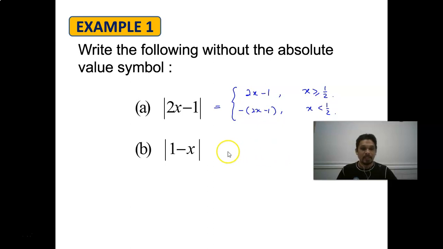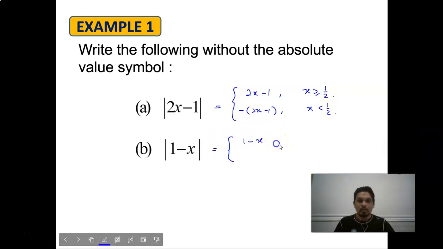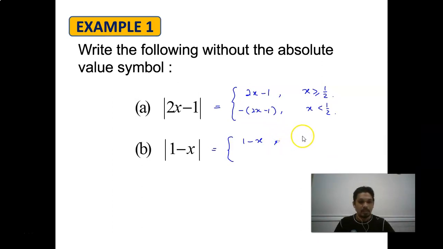And what about this one here now? It is 1 minus x, therefore 1 minus x when 1 minus x is greater than or equal to 0, and negative of 1 minus x for 1 minus x less than 0.